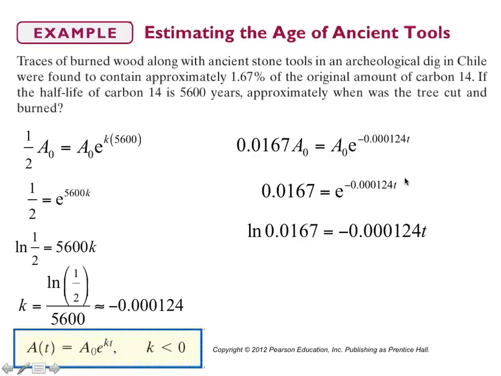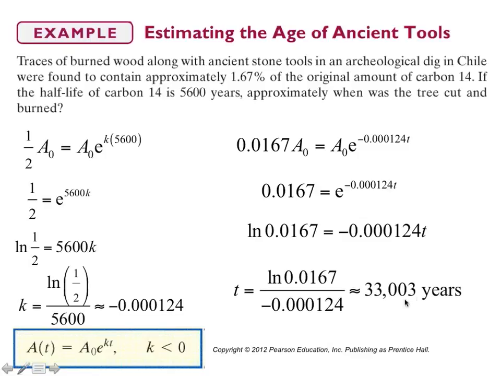We take natural log of both sides and we divide. And we should get 33,003 years. So we have ln of 0.0167, which is the percent of the original that we thought we had. And then we divide it by our decay rate.